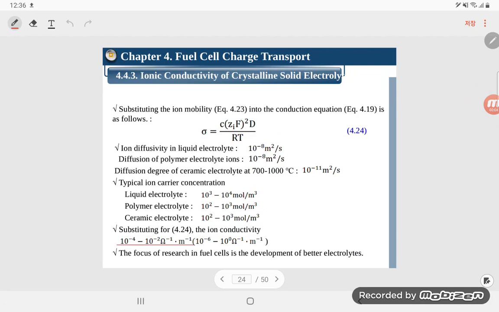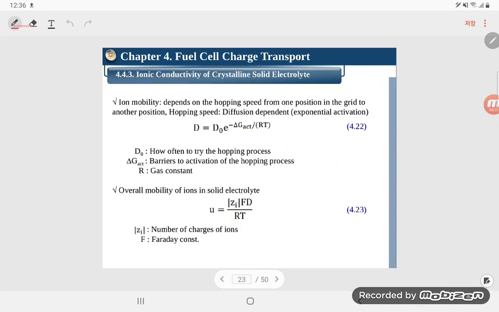Okay, then let's talk about the ionic conductivity of crystalline solid electrolyte. The ion mobility depends on the hopping speed from one position in the grid to another position, and this hopping speed is dependent on the diffusion, right?